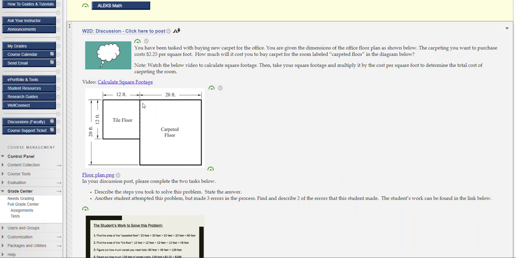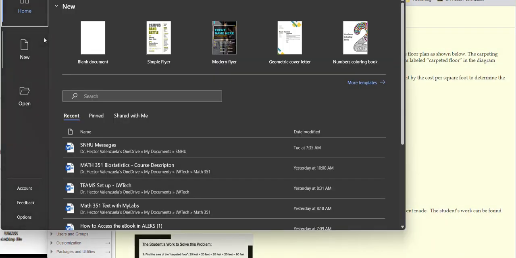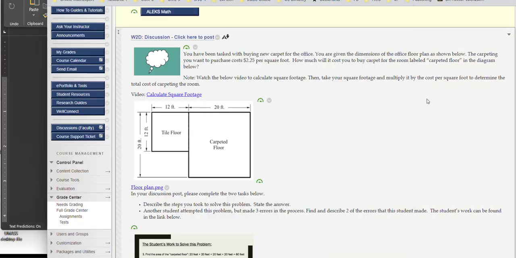The key here is to come up with the square footage. Once you get the square footage, then you will be able to come up with the answer.